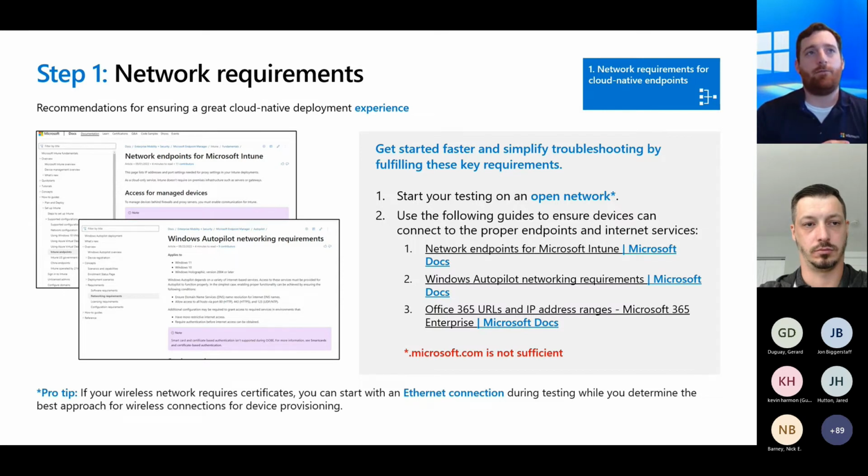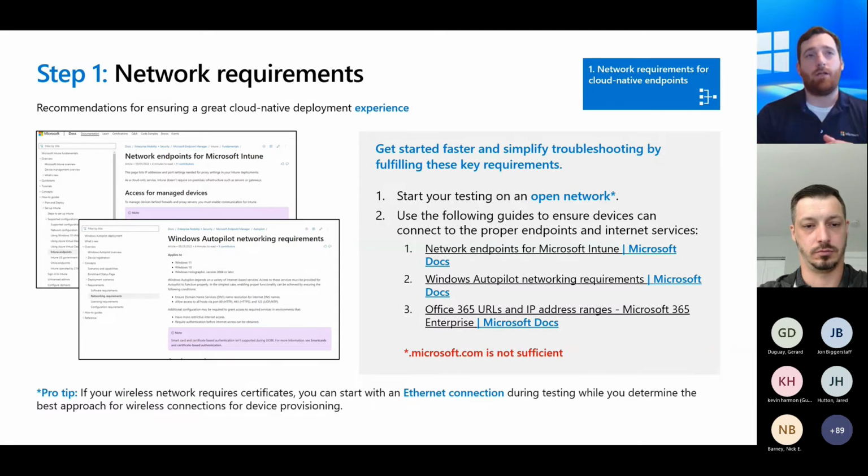The next call out that I want to talk about is having the endpoints in your environment connect through the internet itself, and everything that needs to communicate from our side.